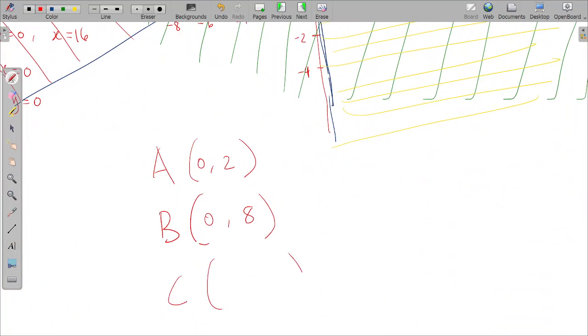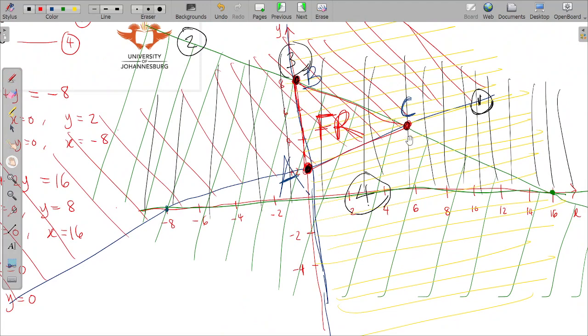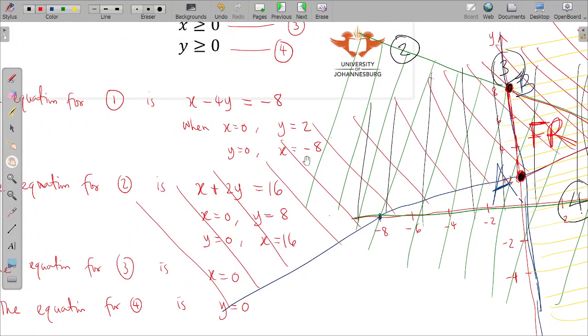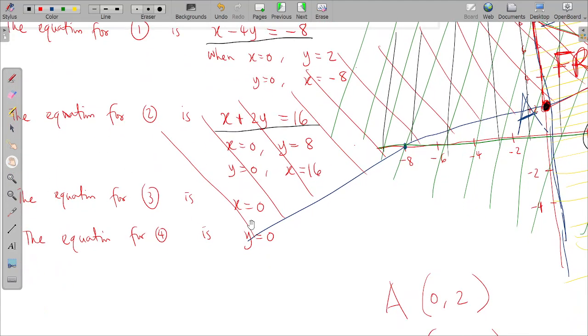What about the corner point for C? Do we know the corner point for C? The corner point for C is the intersection of these two lines. That means we can just equate them together and solve for x and y.